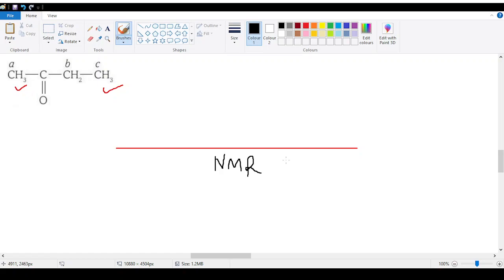I guess two. Yes, two peaks. One peak will be responsible for the three hydrogen atoms, so that can be a fairly large peak. Another one is just the CH2, which will be a somewhat smaller peak, right?